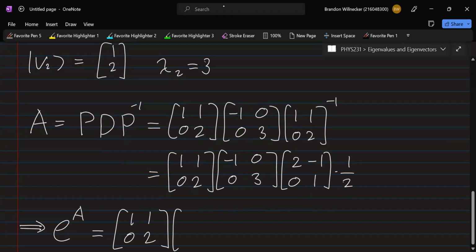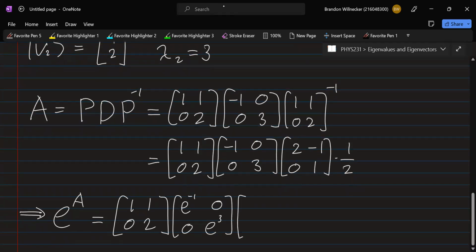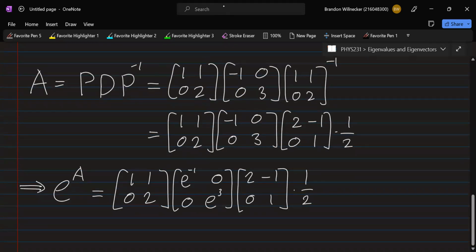And then we just have e to the minus 1 for that middle bit, [e^-1, 0; 0, e^3]. And then times that other part there, the [2, -1; 0, 1] times a half. So we have exponentiated that diagonal matrix in the middle.